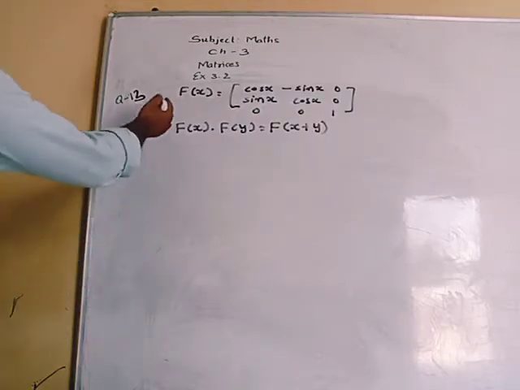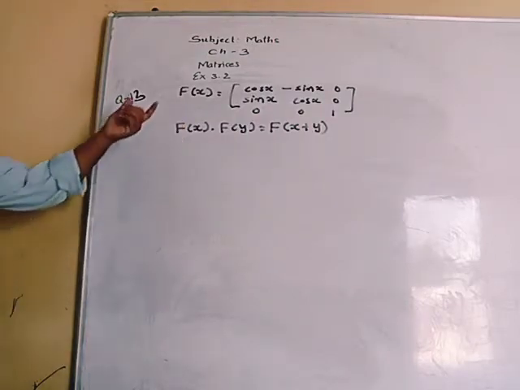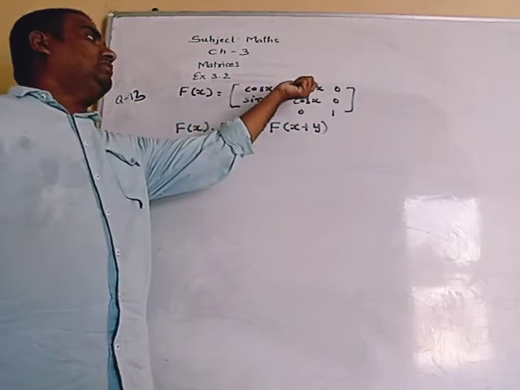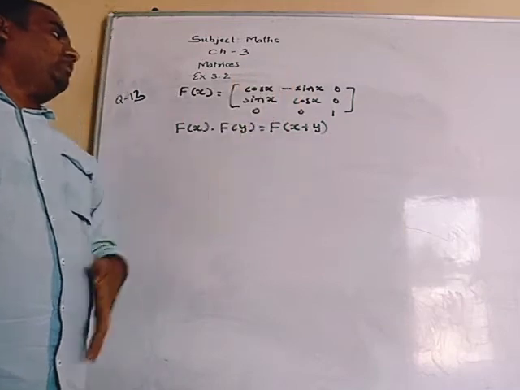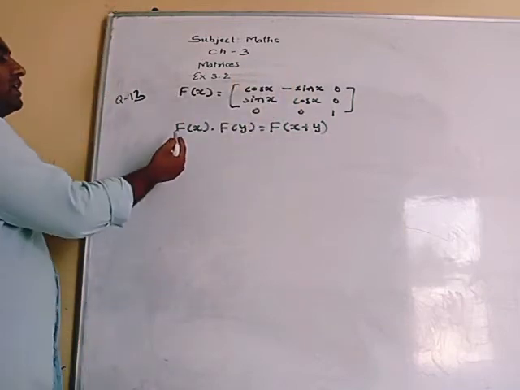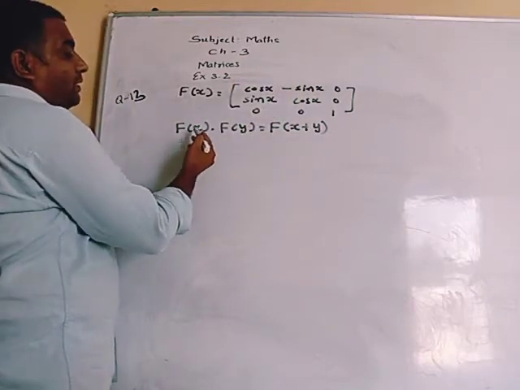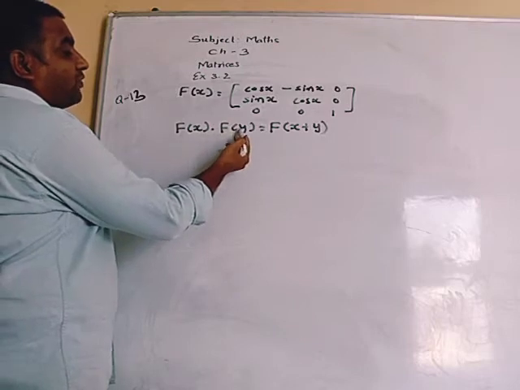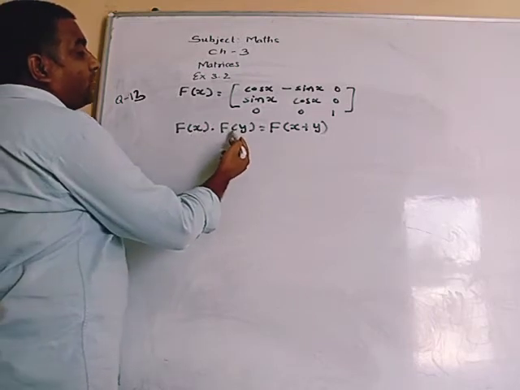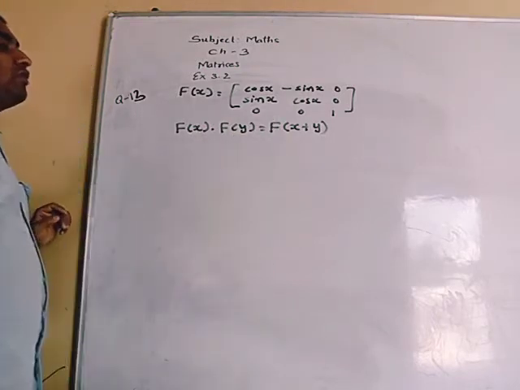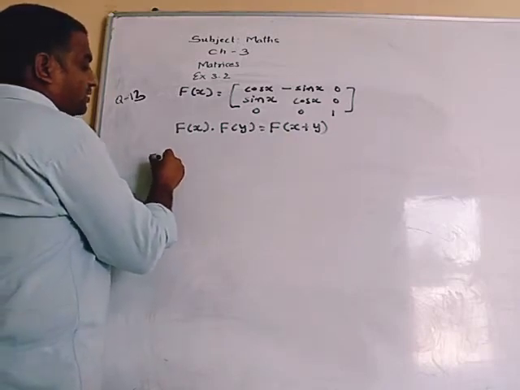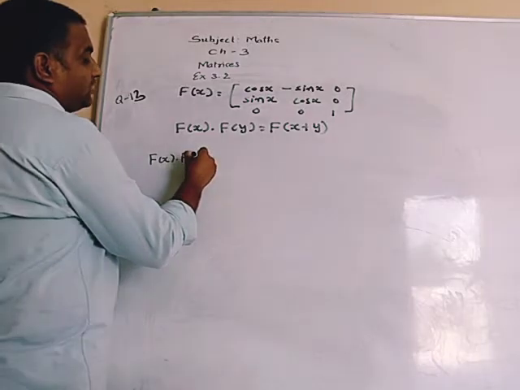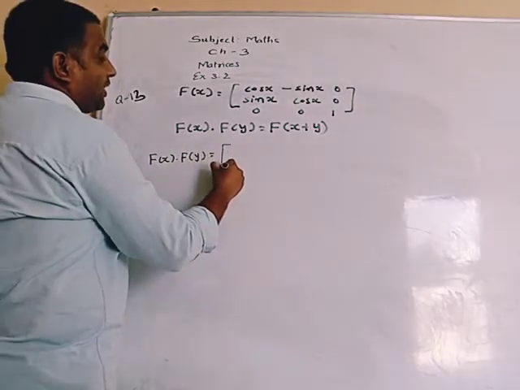Now question 13: the function of x is the matrix [cos x, minus sin x, 0; sin x, cos x, 0; 0, 0, 1]. We have to show that the function of x times the function of y equals the function of x plus y. So we take function of x into function of y. Function of x is already given.